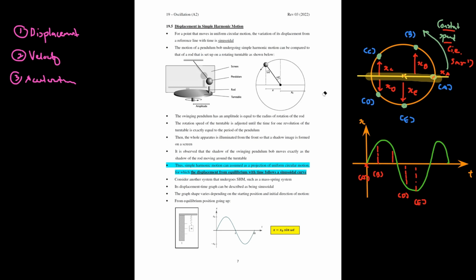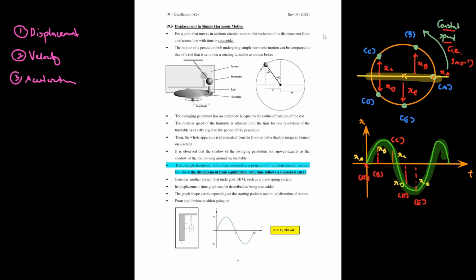So if you were to plot the displacement of your point with respect to time, this is what you expect to see. Okay. So this one, I can say is XA, XB, XC, XD, and XE. So this graph shape that you have is what we call a sinusoidal curve.